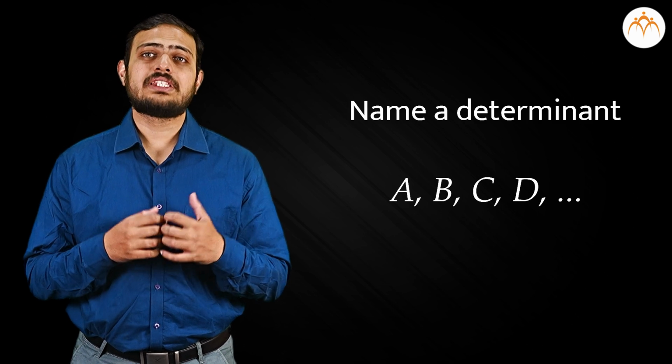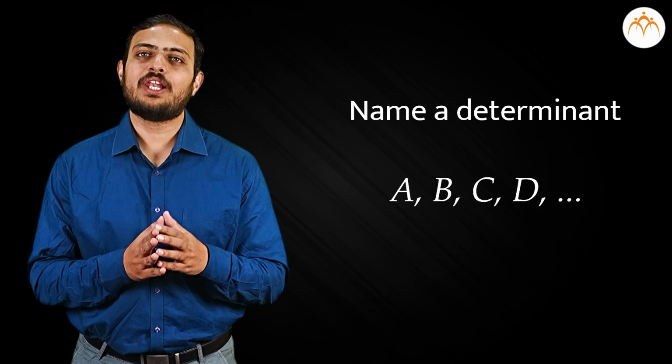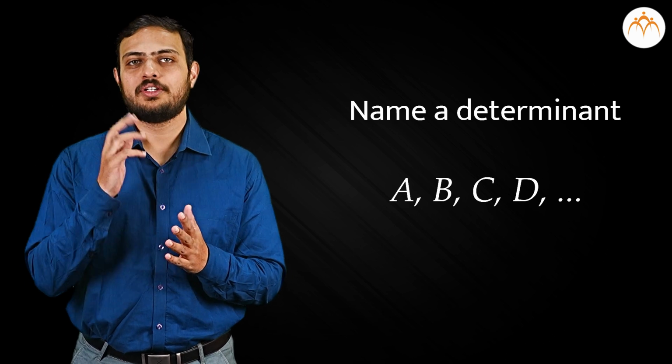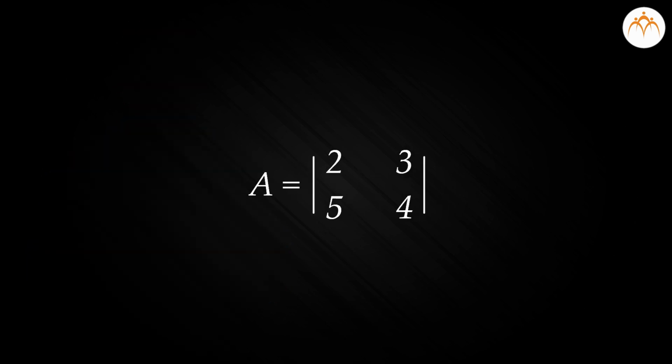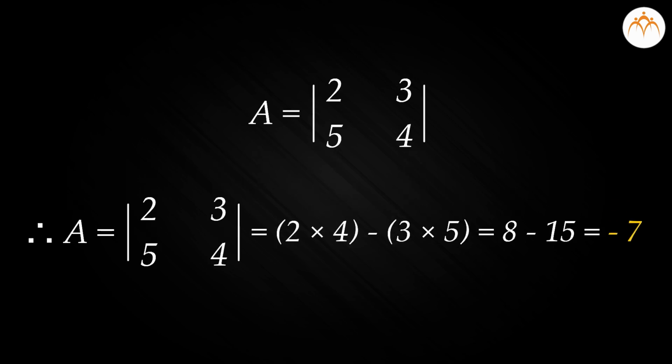Let's study a few examples of how to find the value of a determinant of order 2. Let's see the first example. Suppose determinant A is equal to 2 and 3, 5 and 4. Therefore, A is equal to 2 into 4 minus 3 into 5 is equal to 8 minus 15 is equal to minus 7.